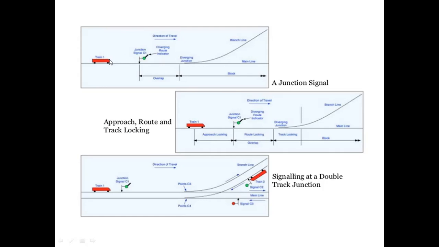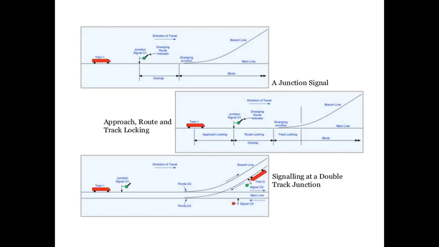This junction signal indicates to the driver that there is a junction ahead, and the distance from this signal to the junction point is known as the overlap distance. And this distance is considered when the train leaves the main line for the branch line, and an approach route and track locking.